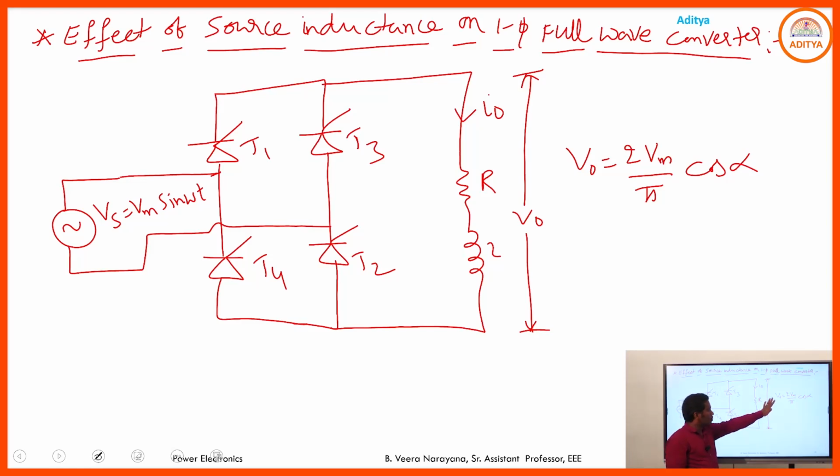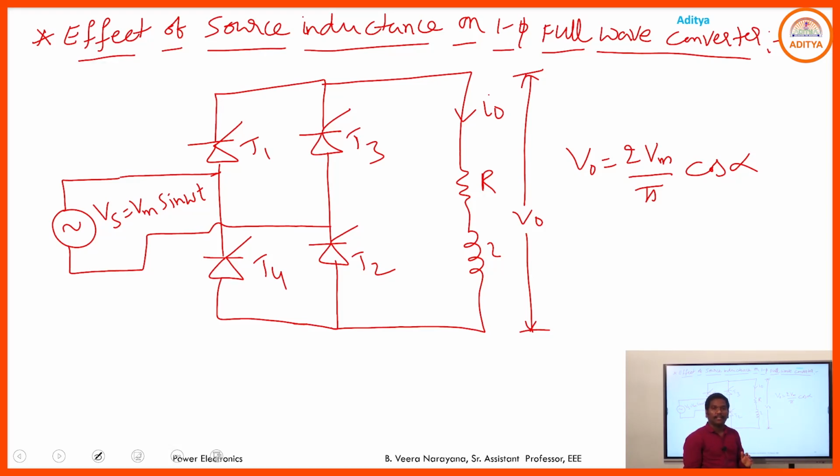Here we are able to collect this much voltage whenever the source does not have any internal impedance. If the source internal impedance is 0, then you get the output voltage V0 equal to 2 Vm by pi cos alpha.